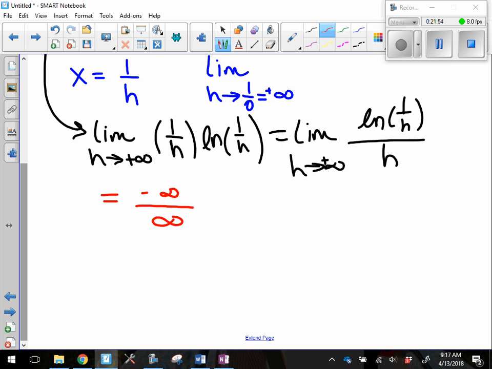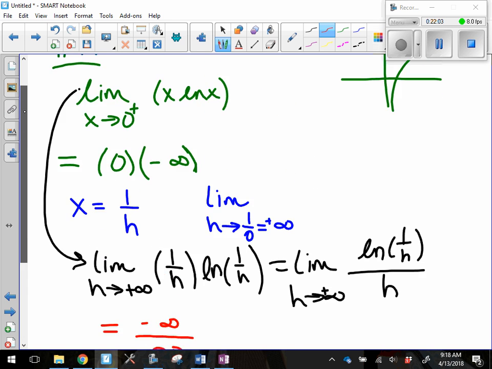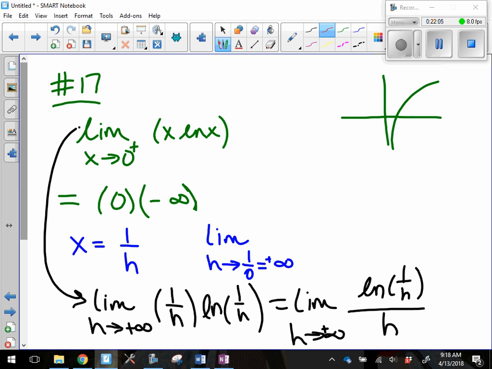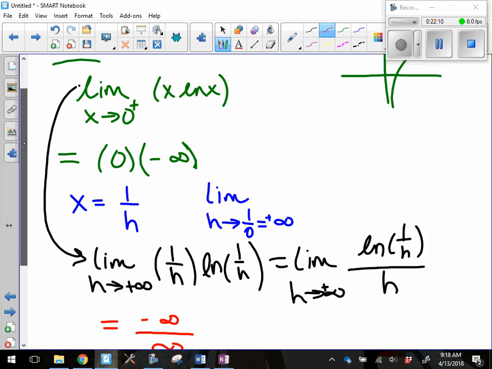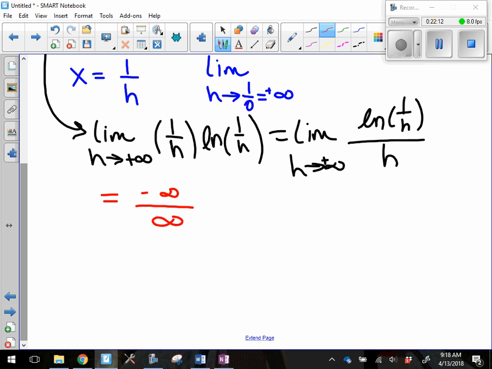Because 1 over infinity gives me 0, and the natural log of 0 is negative infinity, or at least the limit is. Okay? So this is an indeterminate form.